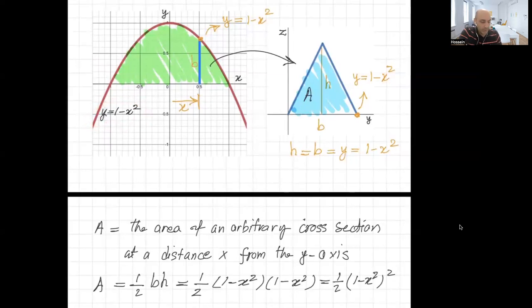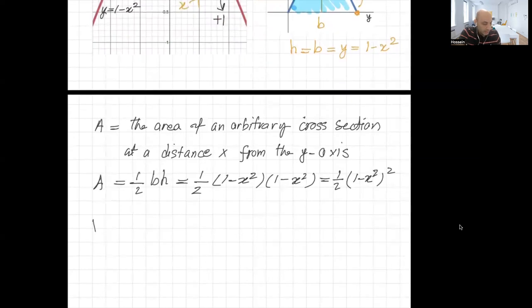I assume you already know how to calculate the roots of the parabola, so I'm not going to go through the calculation of the roots in this video. This point here is -1, and this point here is +1, and the -1 and +1 are the limits of our integral. So we're going to do the integration from -1 to +1.